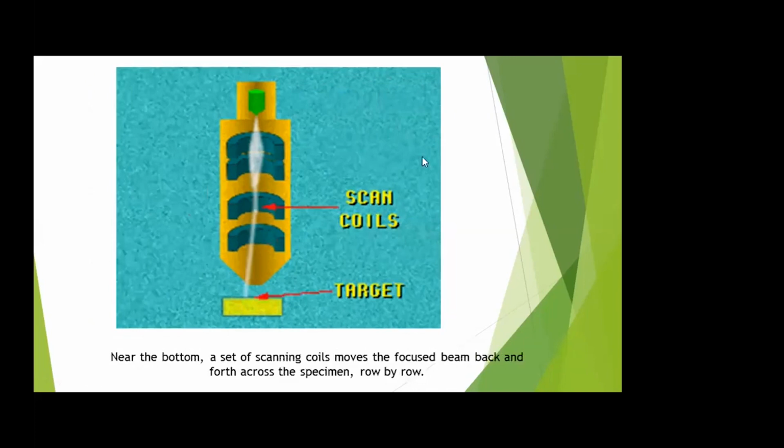In this second image, you can see the scanning coils here at the base. Near the bottom, a set of scanning coils moves the focused beam back and forth, left and right, in a raster scan fashion on the target.